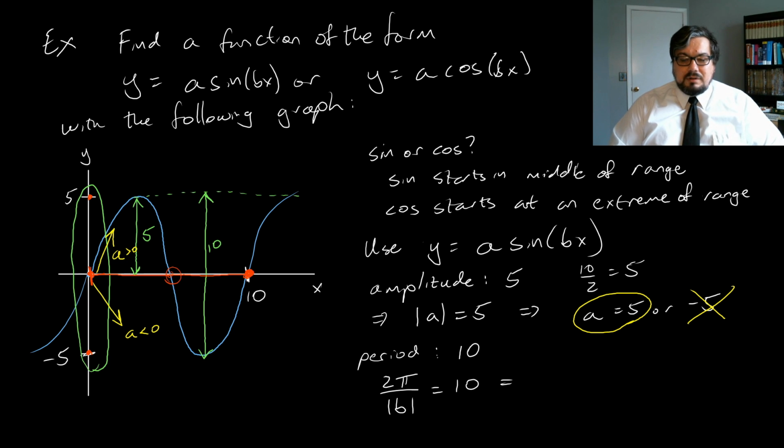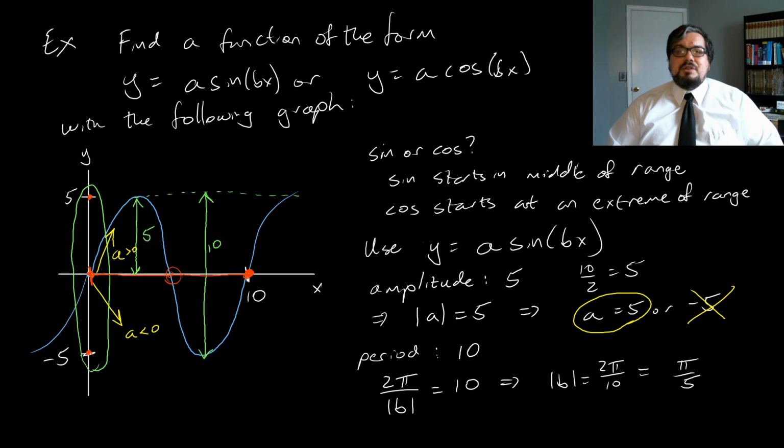Therefore, the absolute value of b is 2 pi over 10, which is pi over 5. So then the question again becomes, is b equal to pi over 5 or -pi over 5? Well, here's where things are simple.